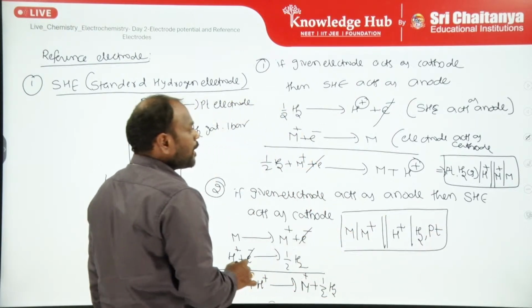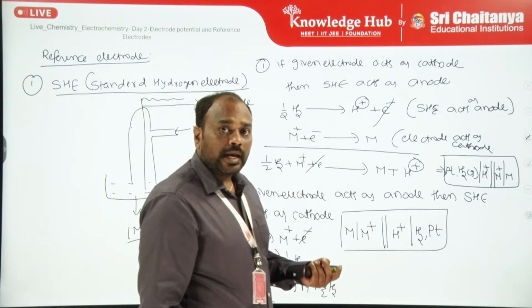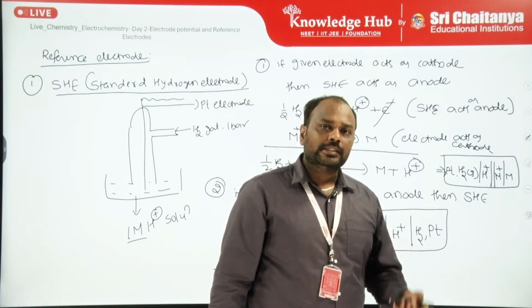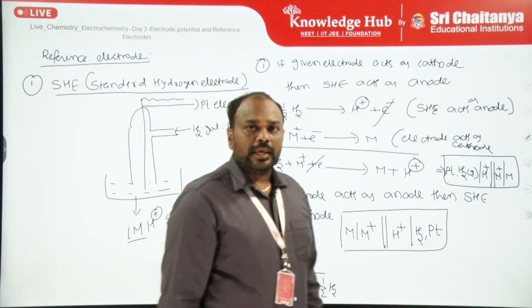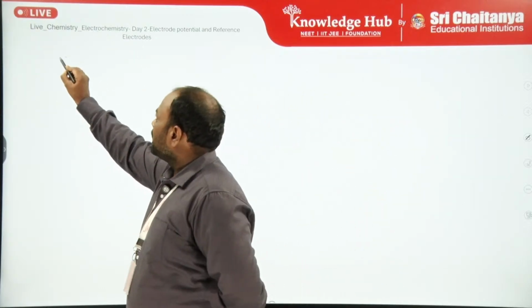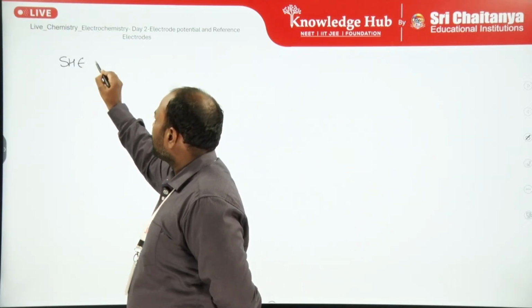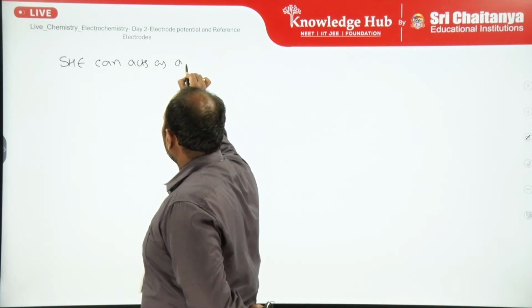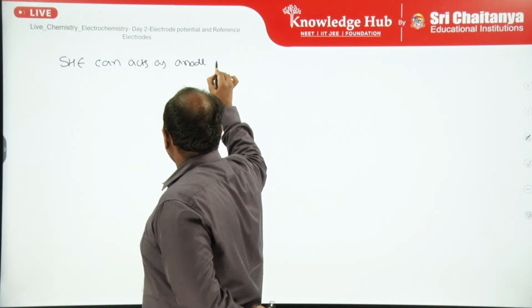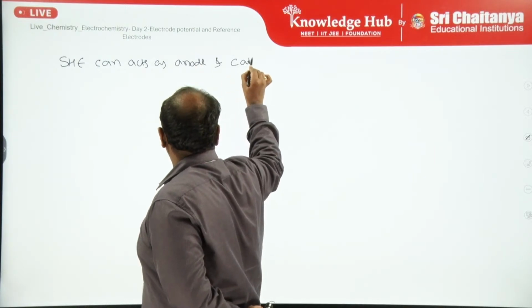So based on this, what happened here? SHE can act as both cathode and anode. So here SHE can act as anode and simultaneously cathode.